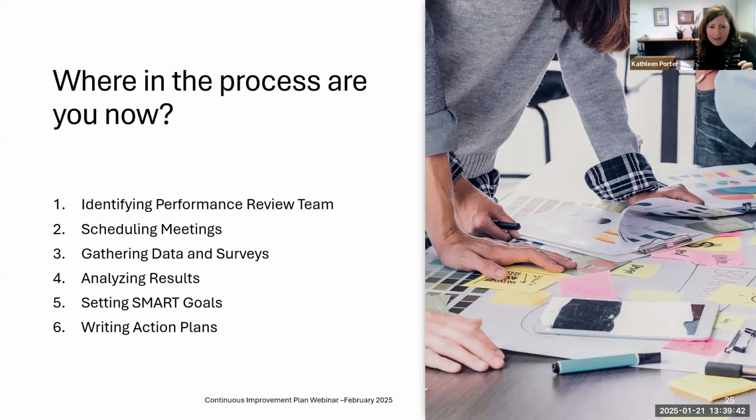We've got 5 that are setting goals, 5 that are analyzing their data, and 3 that are working on identifying their performance team. So the majority of us are falling in steps 2 or 3 right now. Thank you. I'm going to pull this down so you won't see it anymore.